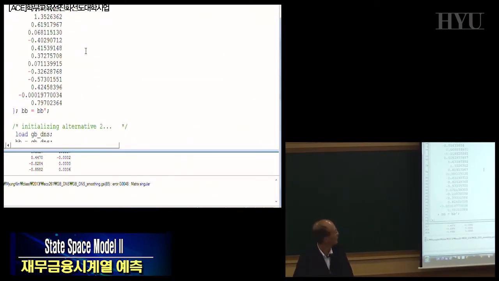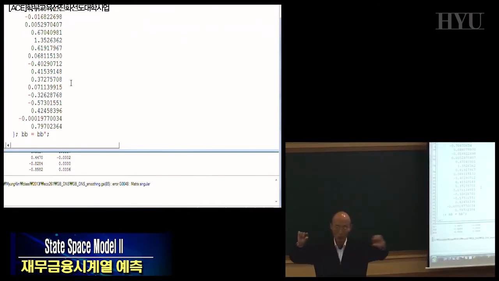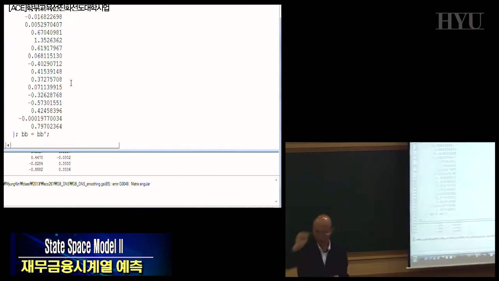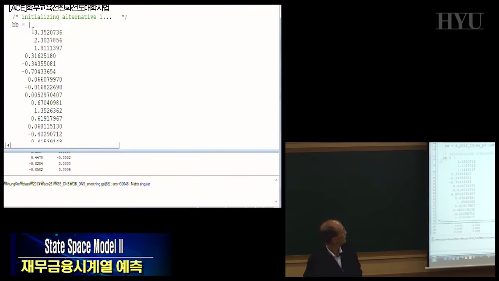If you start with the curly braces, when you define BB in this way, this will be a row vector. But we define it as a column vector, so we transpose it this way. If I block from here to there, then this is going to be your initial guess.